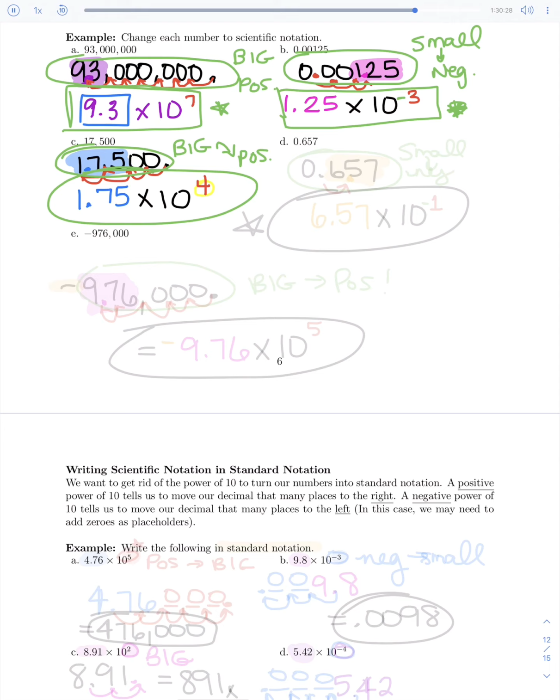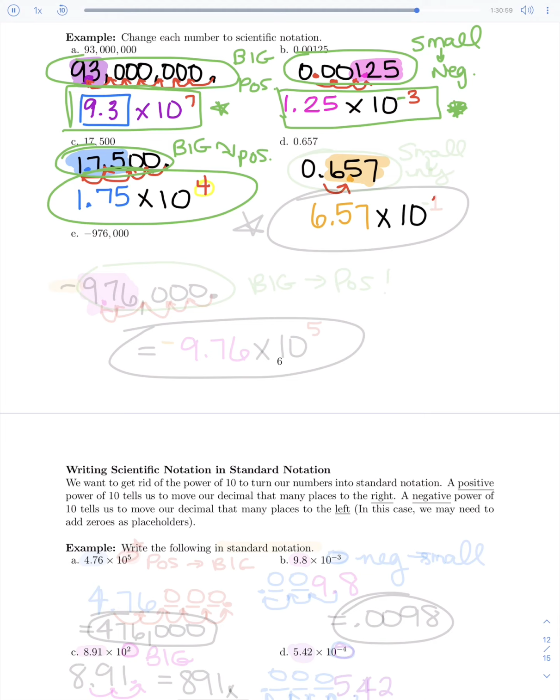Okay. Here's another one, D, 0.657. To turn this into a decimal between 1 to 10, let's see, we look at just the numerical part. That means we would want the decimal between the 6 and the 5. So it'd be 6.57 times 10 to the, well, how many places did you have to move the decimal?